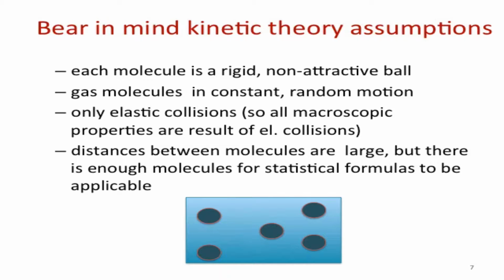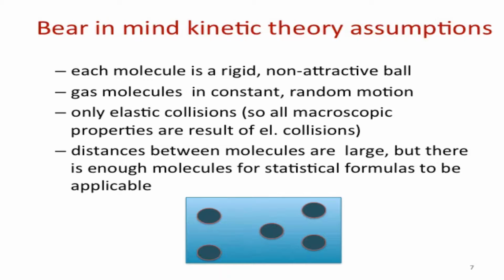We will also assume the distances between these molecules are large, so we don't have a lot of collisions. The moment I get closer, any kind of simplistic explanations about the intermolecular forces will not be correct. So the closer the molecules are, if you assume that there are any attractive or repulsive forces between molecules, that's wrong.